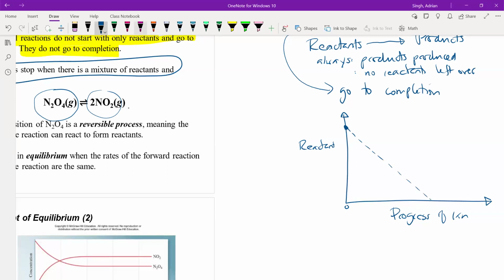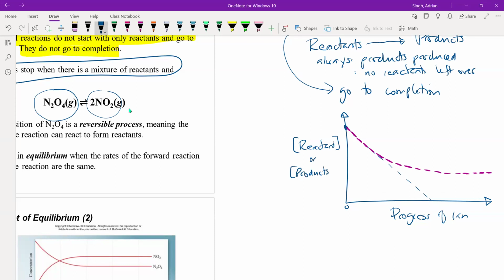However, what we actually find is that the reactant concentration does decrease as it's used up, but then eventually that rate of decrease slows down until we end up with a constant concentration of reactant. Simultaneously, we can also plot the concentration of the products.